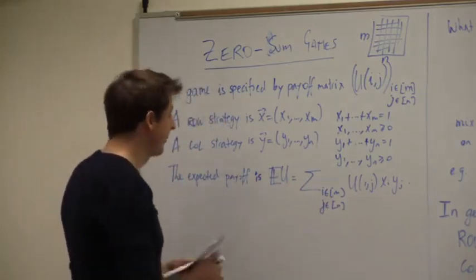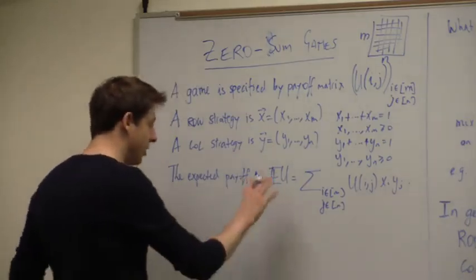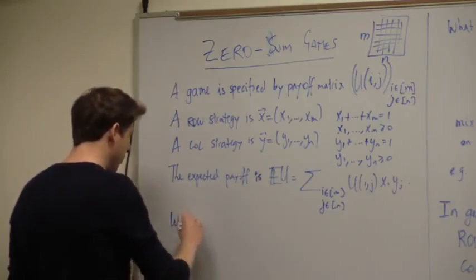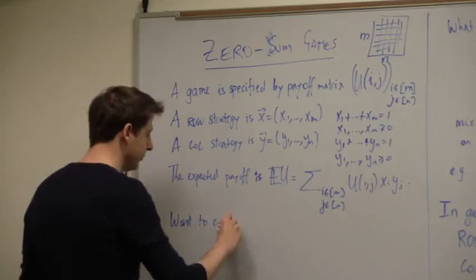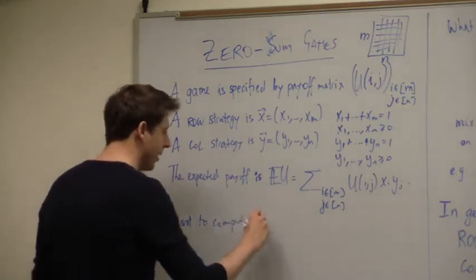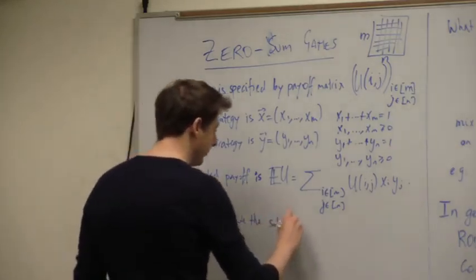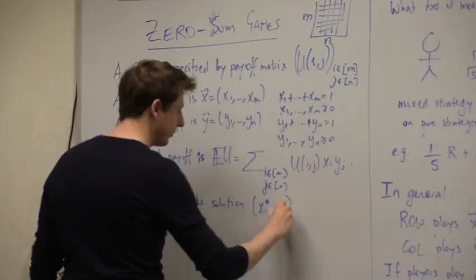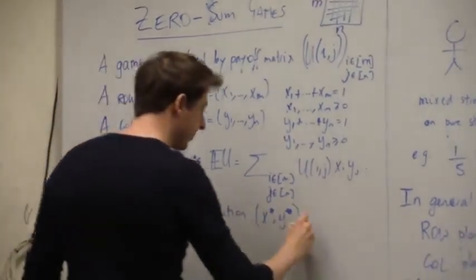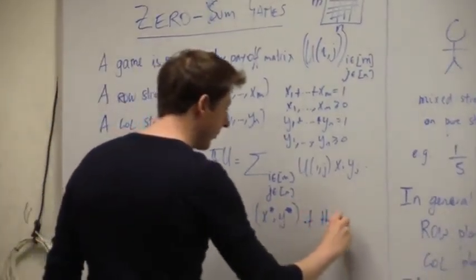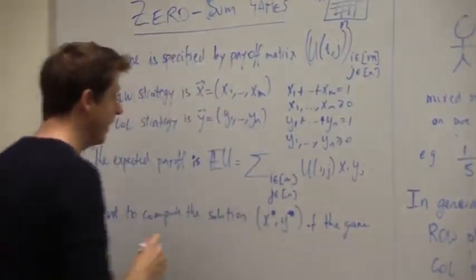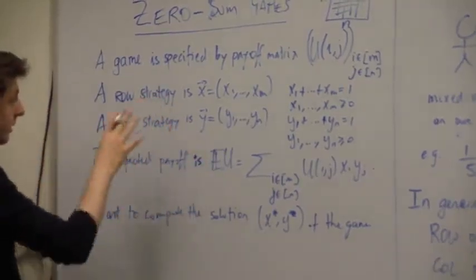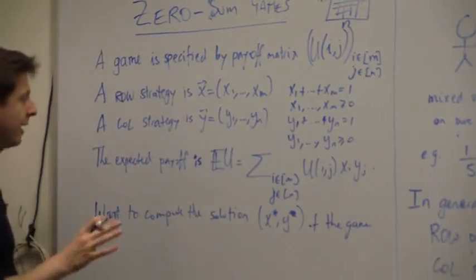All right. So this is the general setup. And what we want to compute is the solution of the game, x star, y star. If one were to just give you this generic formulation, it would be wildly unclear what to do.